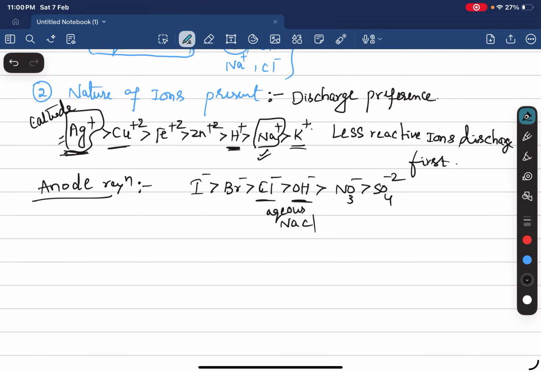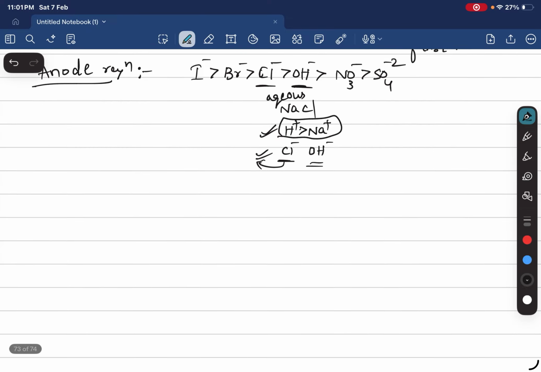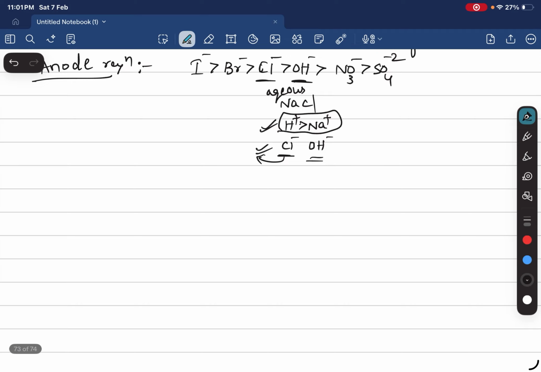Which ions are released here? H+ and Na+ positive ions, Cl- and OH- negative ions. Among the two positive ions, H+ deposits first according to this order, and among the two negative ions, Cl- deposits first, then OH-. That's why H2 gas is formed at the cathode and Cl2 gas at the anode. Just one simple example linked to this factor. We'll discuss in detail with different examples.